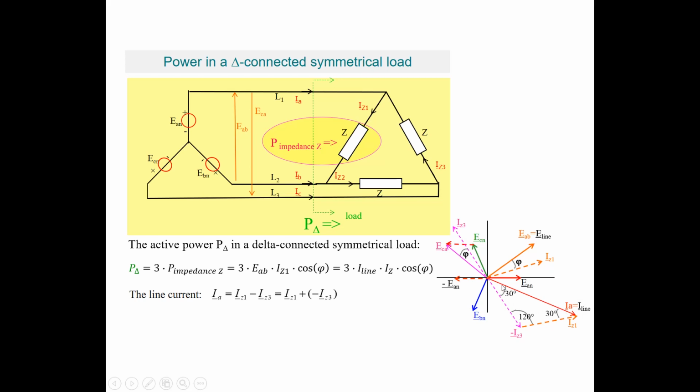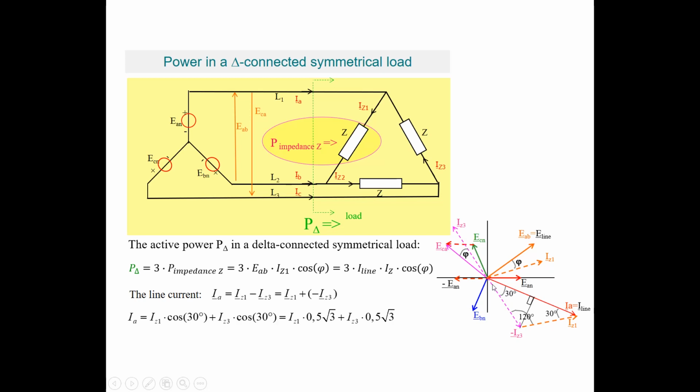So how long is this vector IA, that line current, with respect to the currents through the different loads Z over here? What we can do is we can make a triangle out of it and we define it by taking a squared angle over here and dividing this line into equal parts, and then we can say that the complete vector IA, so the line current I line, is equal to that part plus that part.